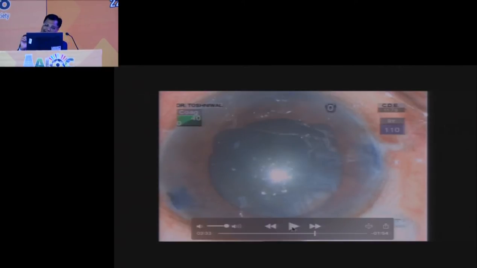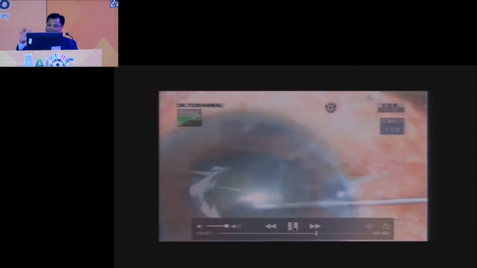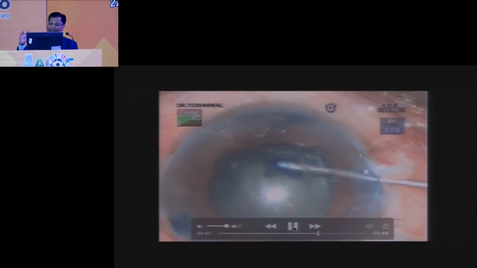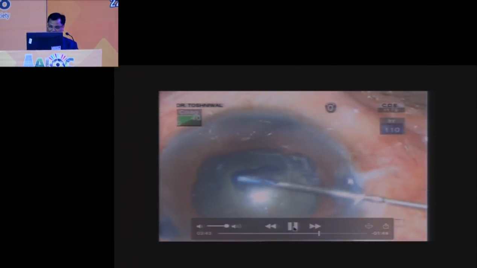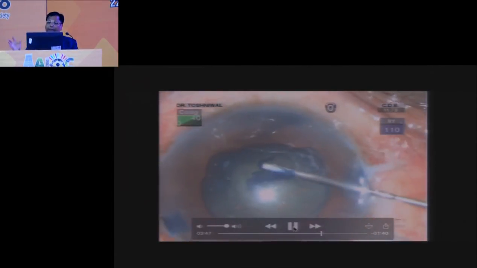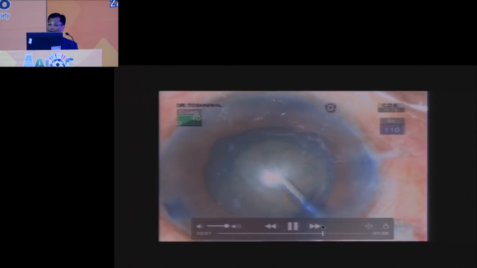Here I have cut a little bit more, but you can cut still less and smaller, which you cannot see post-operatively also. Now the chamber has deepened, and then you can do the capsulorhexis within the margin of the pupillary area. That is very important. Don't go behind the pupillary area, otherwise that small pupil will again be a problem.